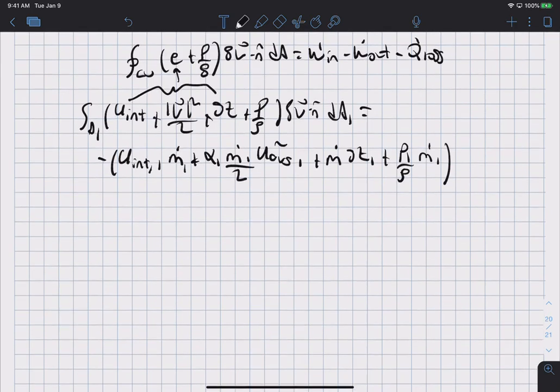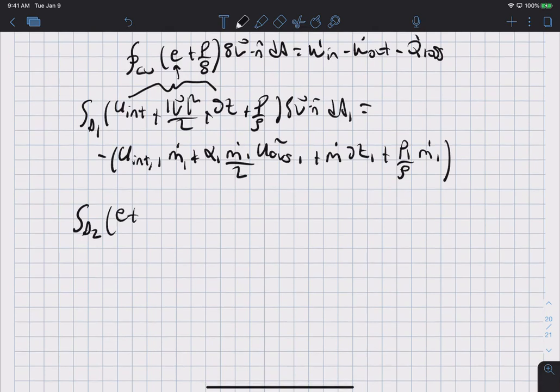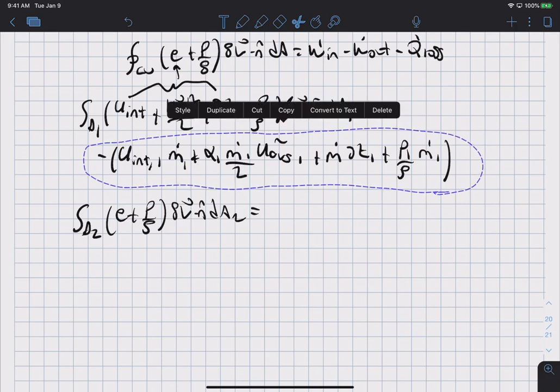So then the integral over area 2, which is the outlet, the integral over A2 of E plus P over rho V dot n hat dA, that will equal the same thing.